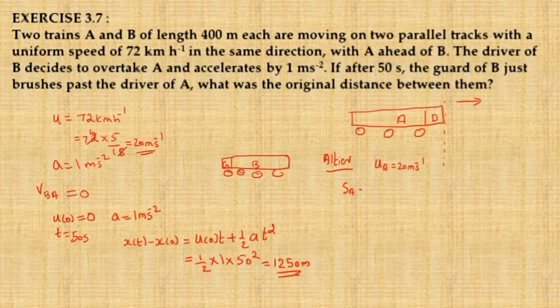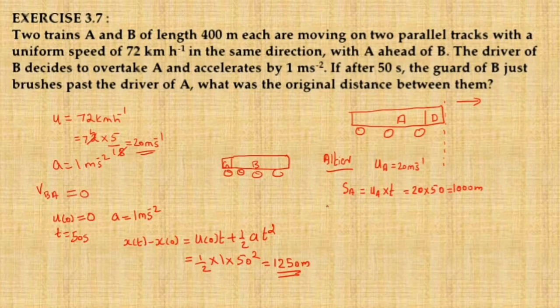So we can write SA is equal to speed into time. Speed is UA, the velocity, here we can take the magnitude. So UA into time, that is equal to 20 into 50. This is equal to 1000 meter, the distance traveled by the train A in 50 seconds.